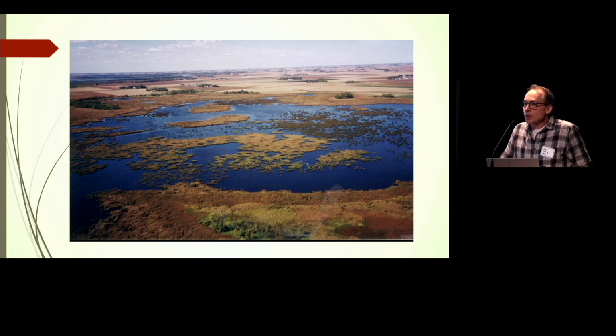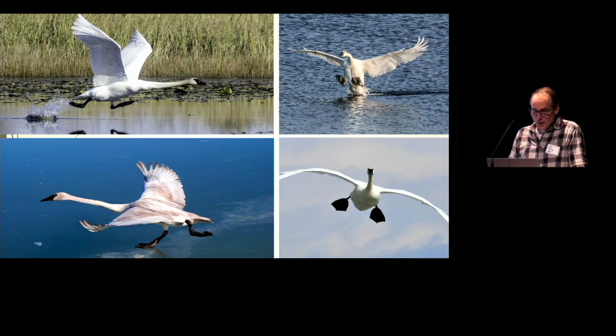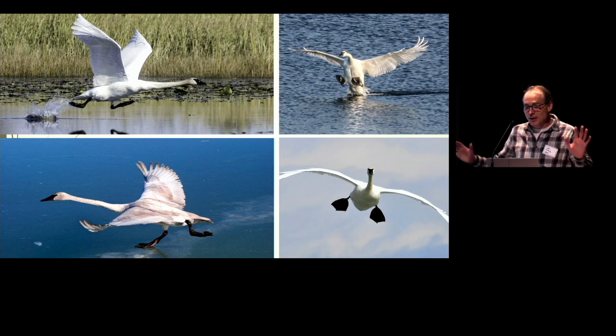So this is their sort of ideal habitat, would be wetlands with submerged aquatic vegetation and insect abundance that they can access for food. One of the other really cool things is that they require about 100 feet for takeoff. So they need some space there, and they have these big webbed feet, which they actually use to incubate the eggs and transfer the heat from their feet, which is really interesting.